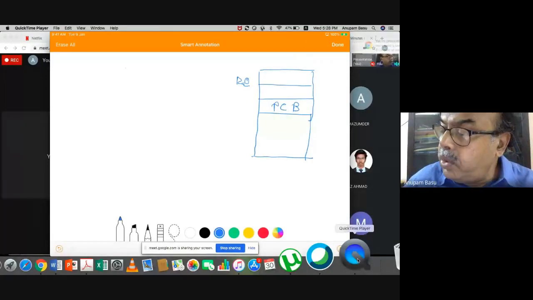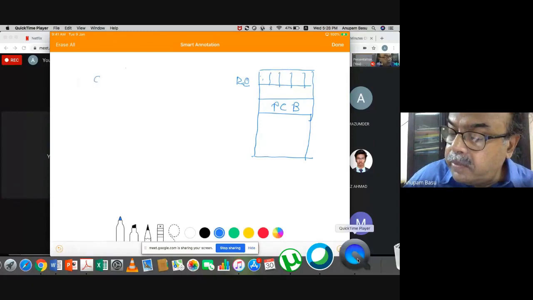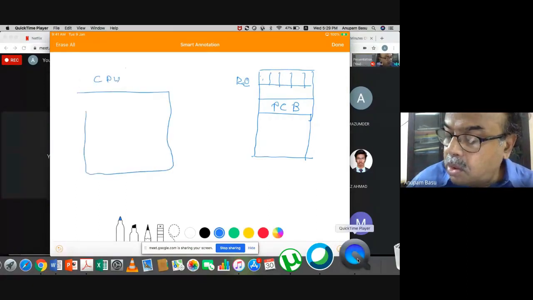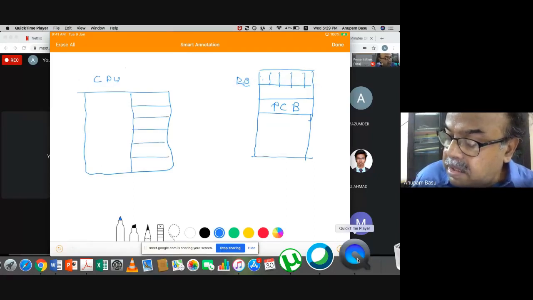So the ready queue is here somewhere where you have got all these entries, and here is your CPU. Please excuse my drawing, it's very bad. The CPU has its own registers and the program counter.